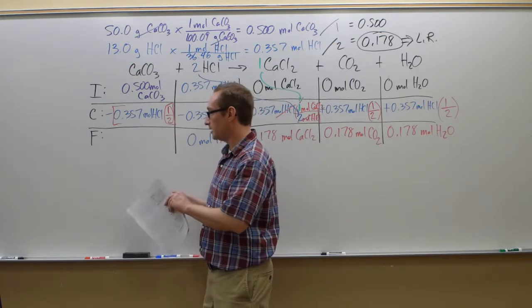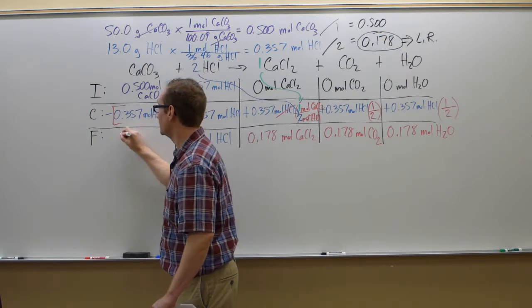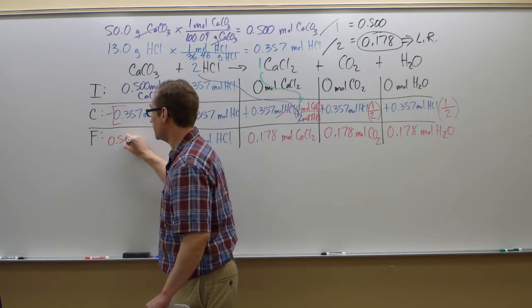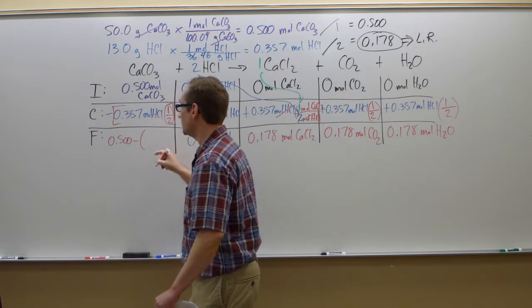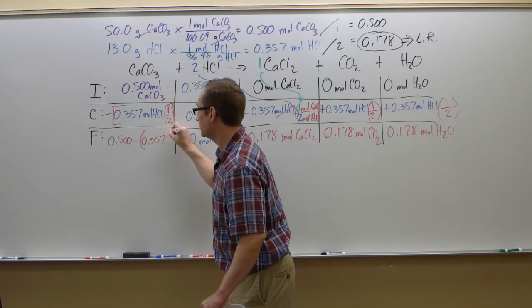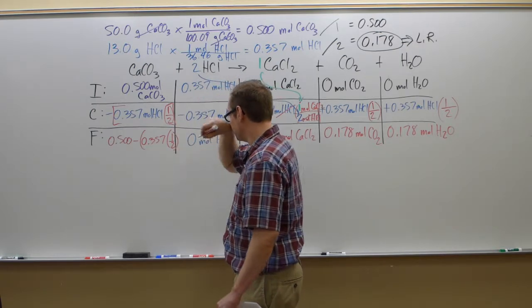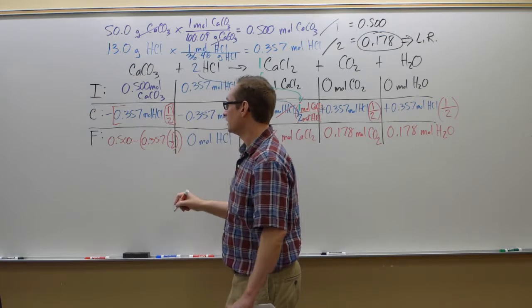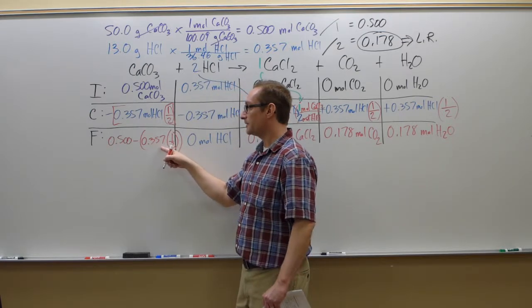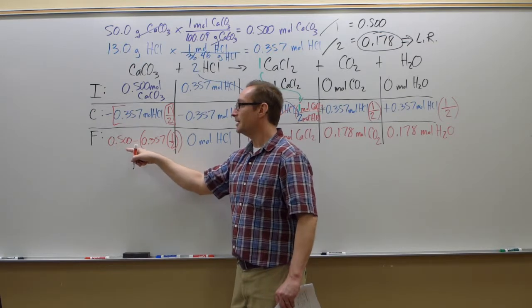So this is what you want to punch in your calculator. It's 0.500 minus, and in parentheses, 0.357 times a half.